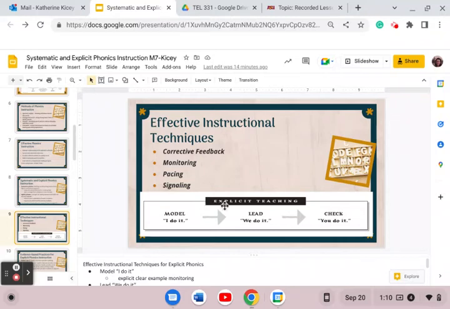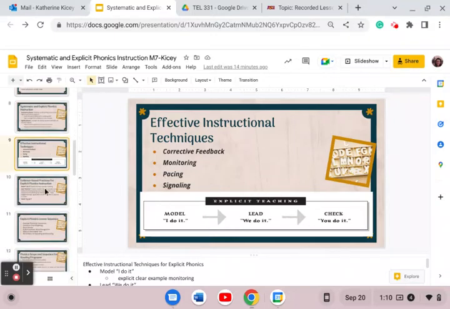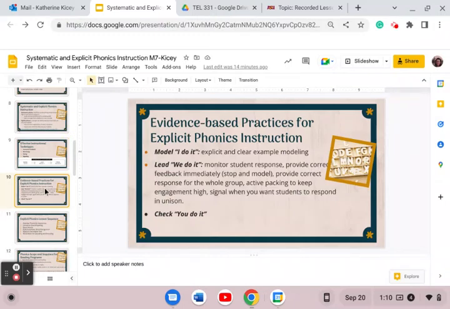And explicit teaching is model, I do, lead, we do, check, you do. And that is all encompassing with these four check marks right here in that explicit teaching model. Evidence-based practices for explicit phonics instruction will always include the I do, we do, you do model.